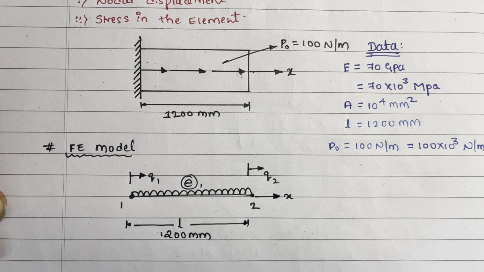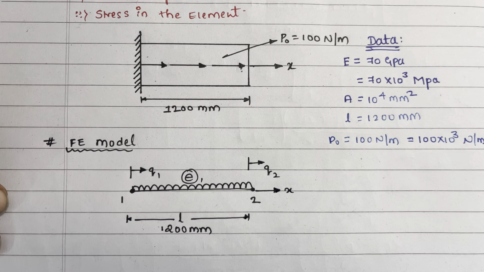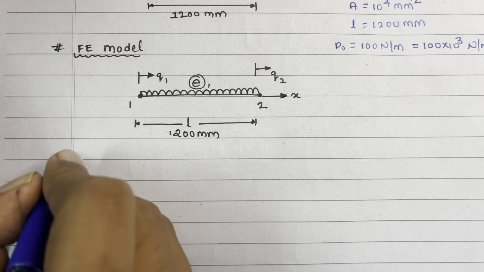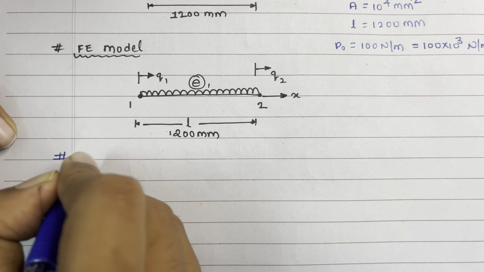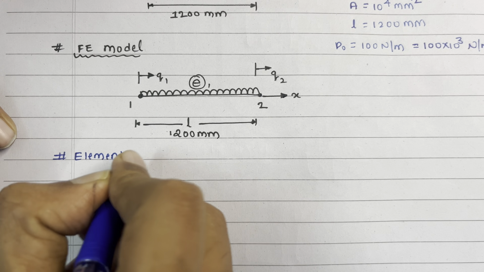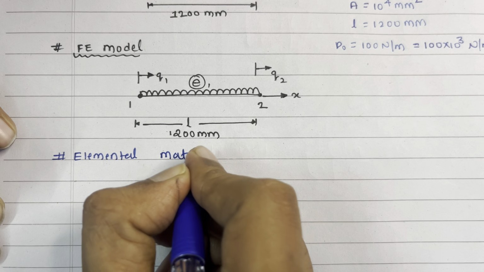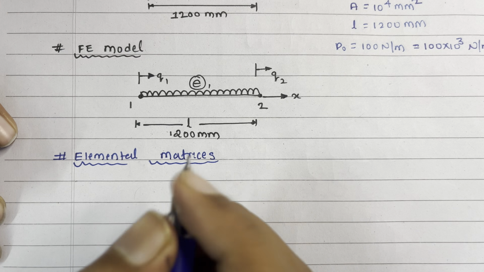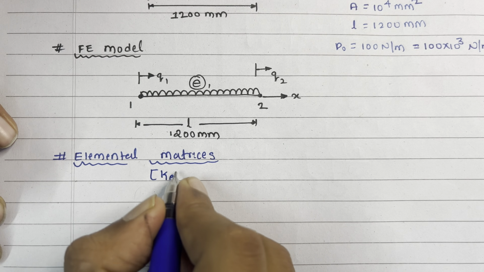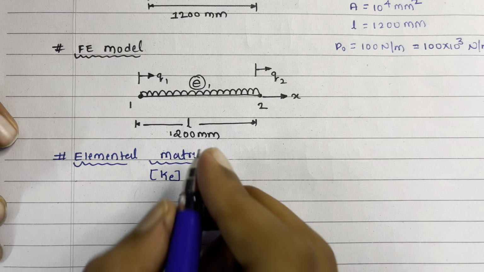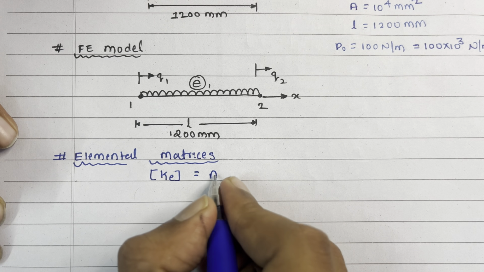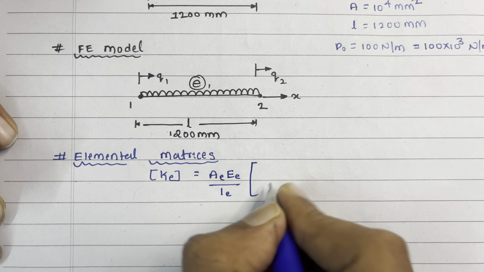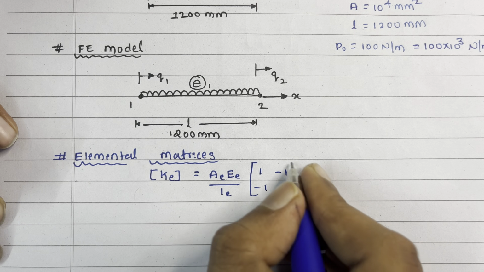Then first we have to calculate the stiffness matrix. For that, the elemental matrices, we know the formula, K E, where E indicates the element number. The formula is A E by L E times the matrix 1 minus 1, minus 1 1.